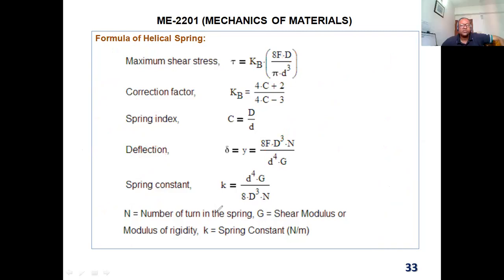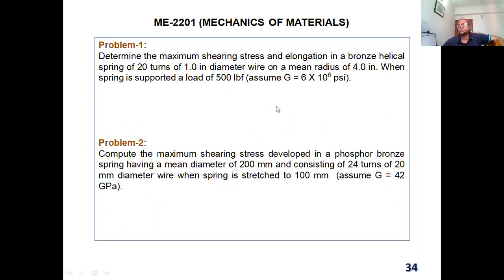Now we can solve the second problem. Compute the maximum shear stress developed in a phosphorus bronze spring. Maximum shear stress means they want to know tau equal to what.